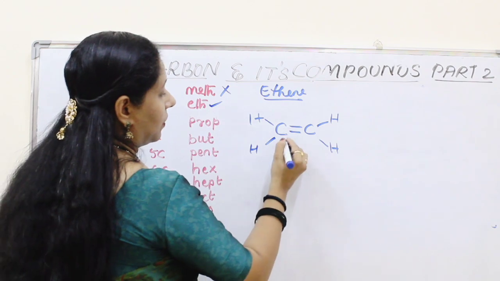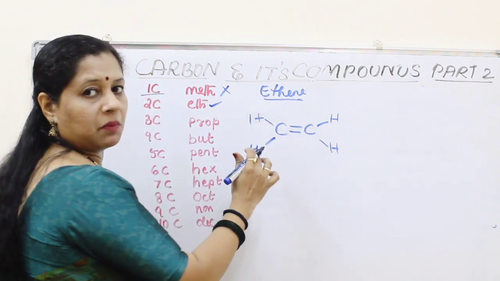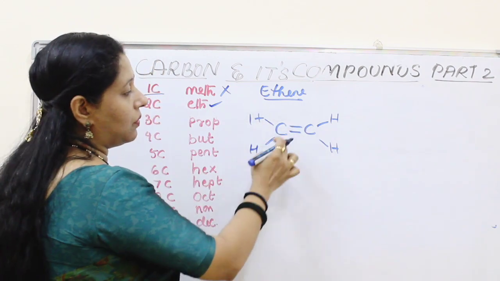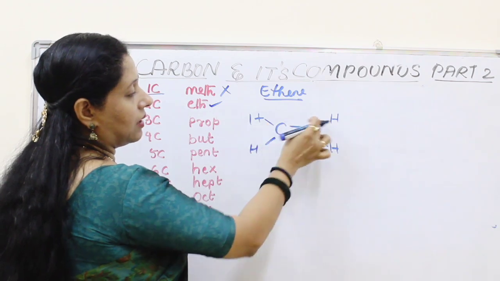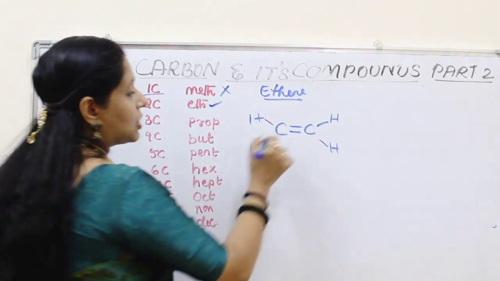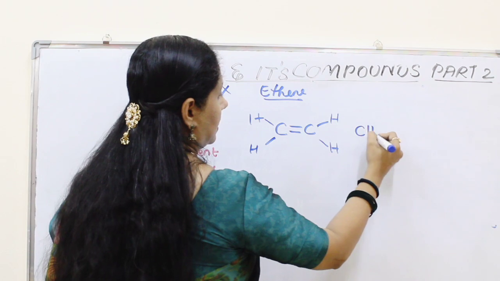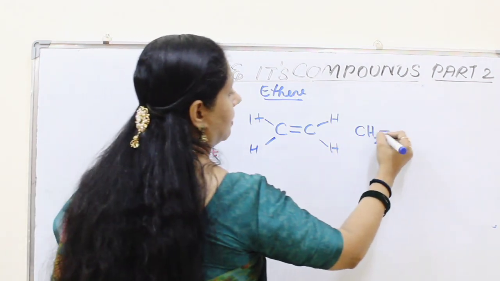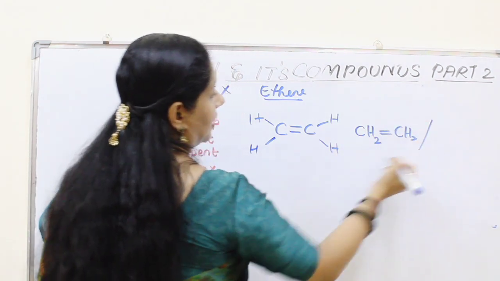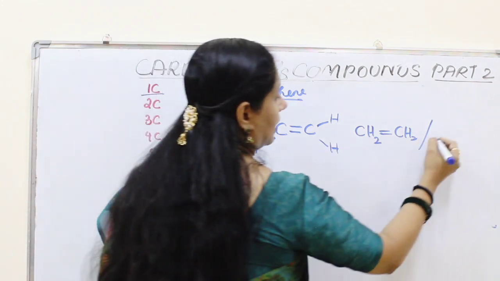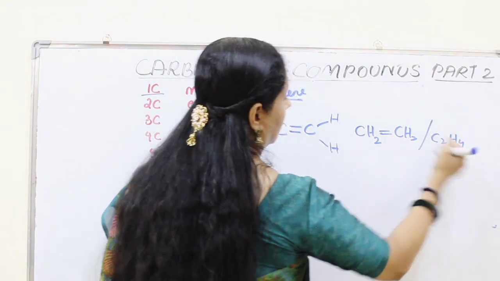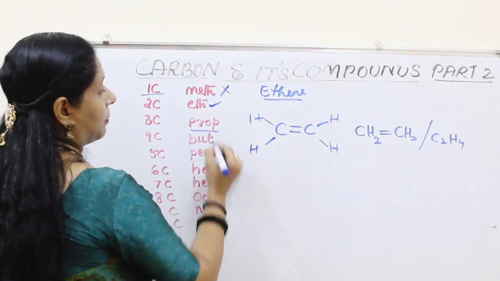The same thing if you draw here or here or here, no problem. Position is not a problem. But you have to show every carbon should have 4 lines around it or 4 arms around it. So how will you write the condensed formula? CH2 double bond CH2. What is the molecular formula? C2H4. Now next propene.